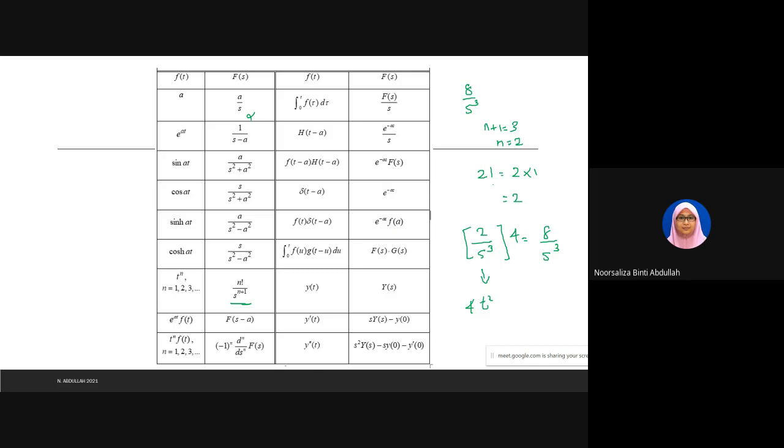Then your f(t) is 4t^2. Do you understand? Okay, so we look at the next example.